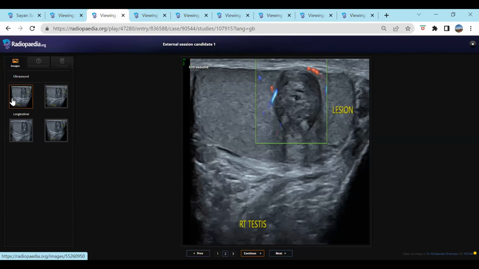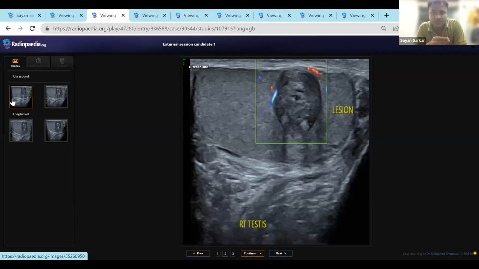Yeah, a mass lesion. But the well-defined margins are in keeping with a non-aggressive nature of the lesion. So if the patient is not symptomatic, then follow-up.